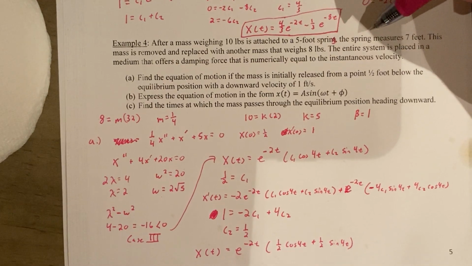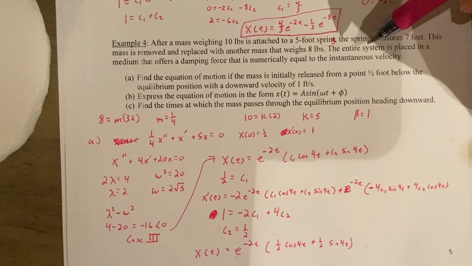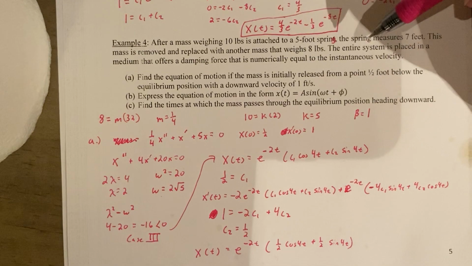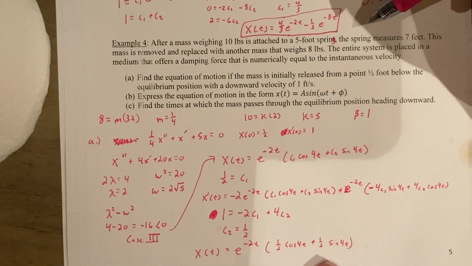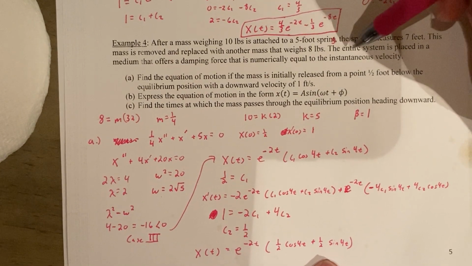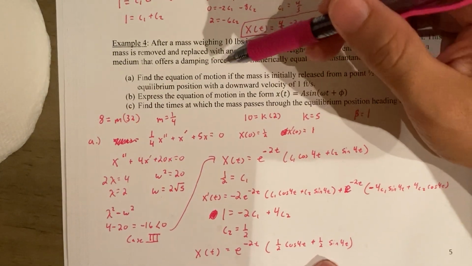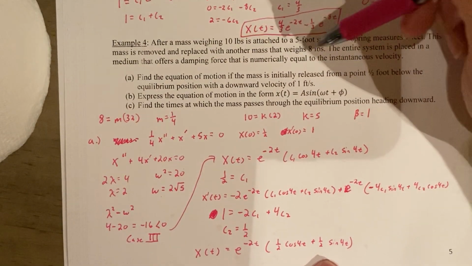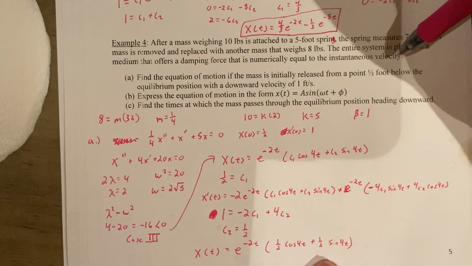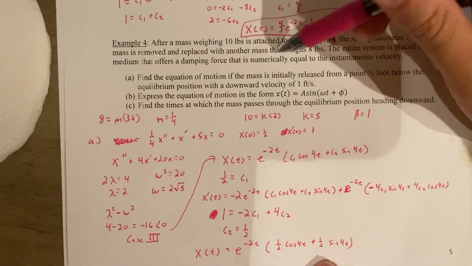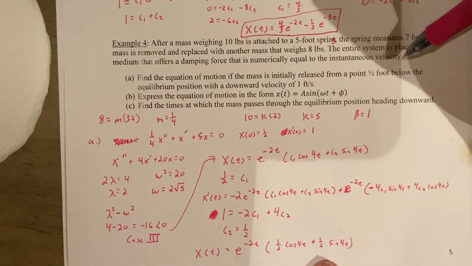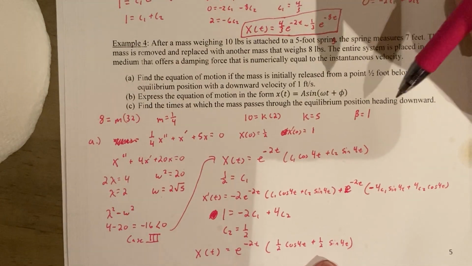Now, our beta is equal to 1 in this case. And the reason beta is equal to 1 is because it says that the entire system is placed in a medium that offers a damping force that is numerically equal to the instantaneous velocity. Because it's numerically equal to the instantaneous velocity, it's just 1.